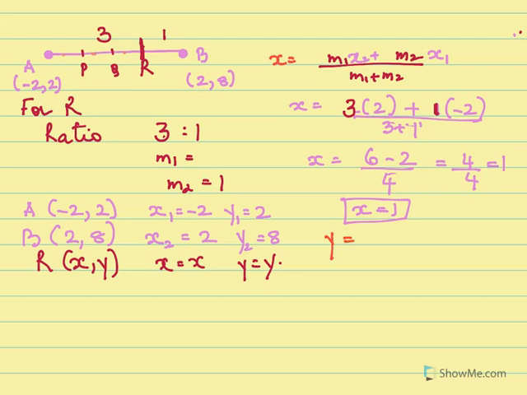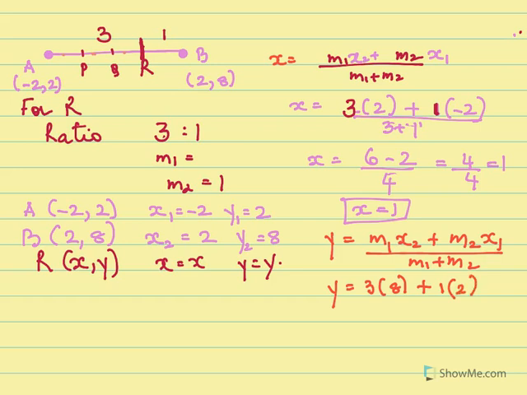And when it comes to y, we have M1 y2 plus M2 y1 over M1 plus M2. So your y will be 3 into 8 plus 1 into 2 over 1 plus 3. So y is 24 plus 2 over 4, and 26 by 4.